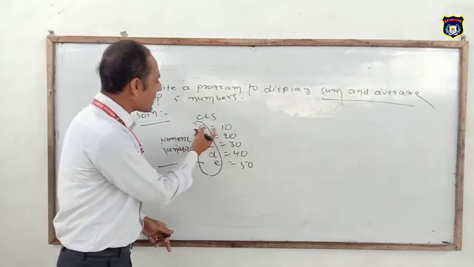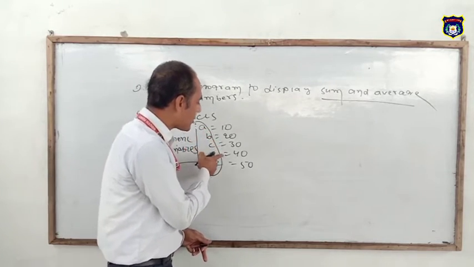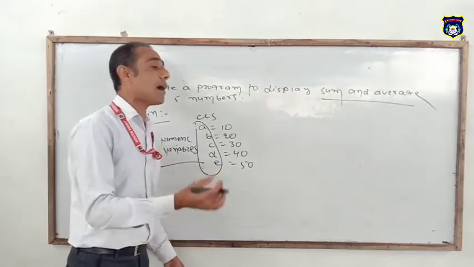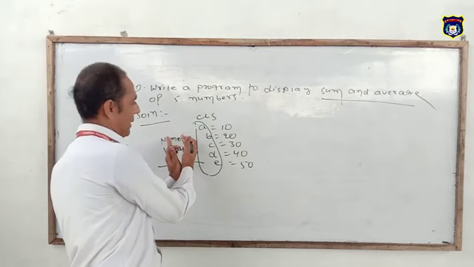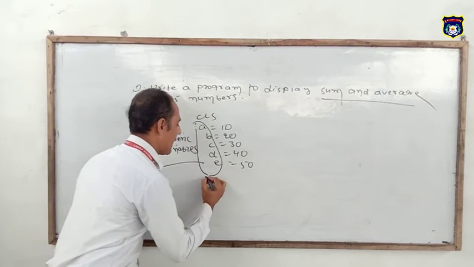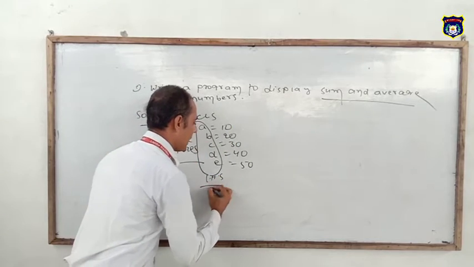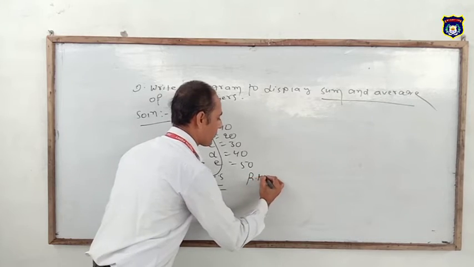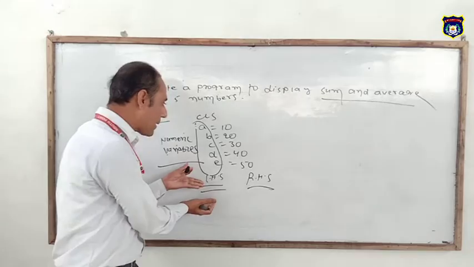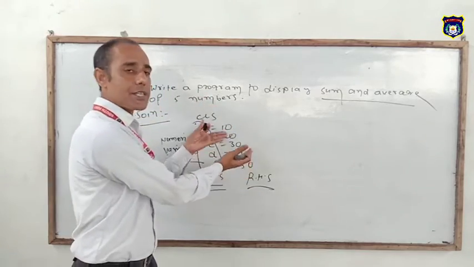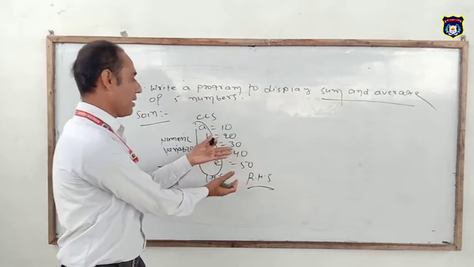And what is this equal sign? It is the operator which is used to assign a value to a variable. That means this is the LHS and this is the RHS. The left hand side is called the list of variables, and the right hand side is called the constants.